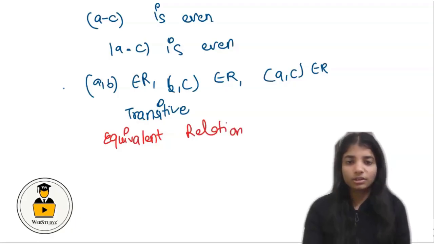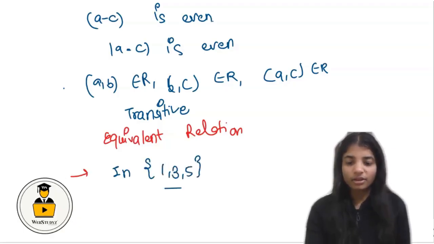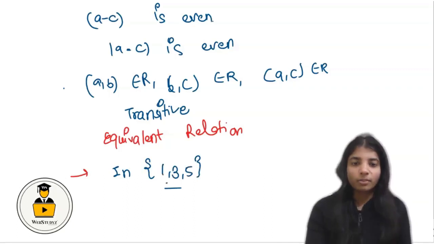Now for the other part: all the elements of the set {1, 3, 5} are related to each other, and all the elements of {2, 4} are related to each other, but these two sets are not related to each other. First we consider the set {1, 3, 5}.